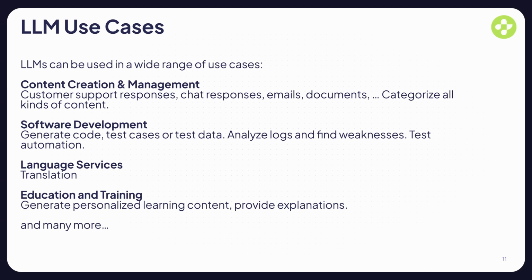I think there are also some approaches where you generate test cases or test data or analyze logs. And language services, translation, and many more use cases, because LLMs in general are very flexible, and you can generate whatever output you want, if you have the right data to train them with. And the big ones that are trained on a lot of data, you can just apply to many use cases.